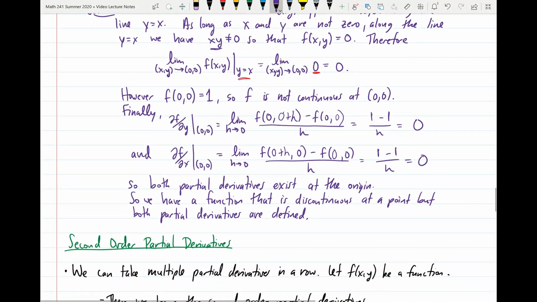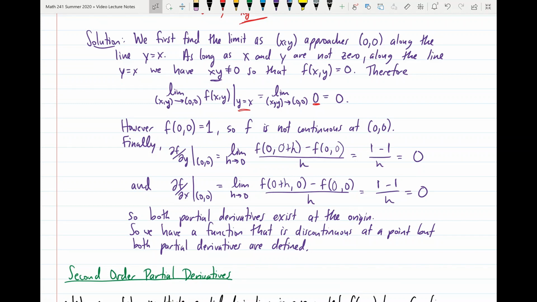Now we're going to show that both of the partial derivatives do in fact exist at the origin. Let's start with the partial derivative with respect to y. We're going to use the definition of the partial derivative at (0, 0). So we have the limit as h goes to 0 of f of (0, 0 plus h) minus f of (0, 0), all over h. Because we have f of (0, 0 plus h), if we plug that into our function, we get 0 times (0 plus h) is equal to 0.